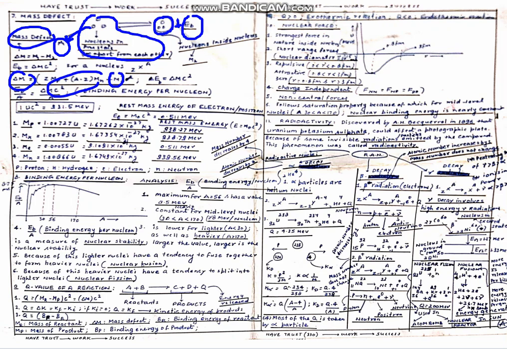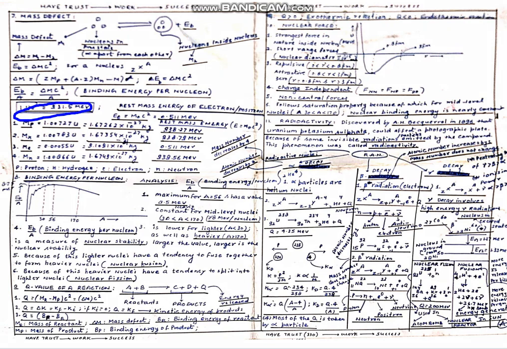So we have delta E_B equals delta M into c squared, which is the binding energy. There is a concept of binding energy per nucleon: you divide the binding energy by A, so you get binding energy per nucleon. There is one important result that 1 u c squared corresponds to 931.5 mega electron volt.